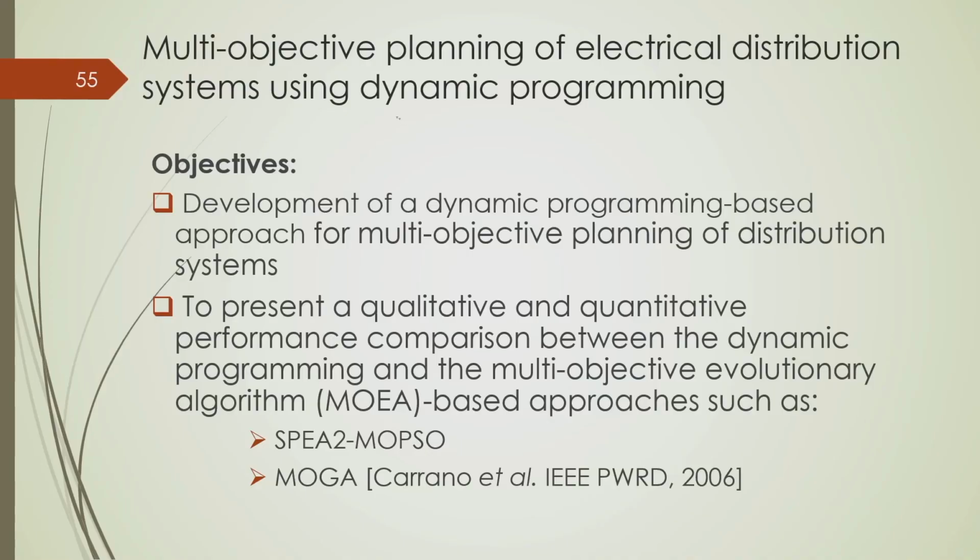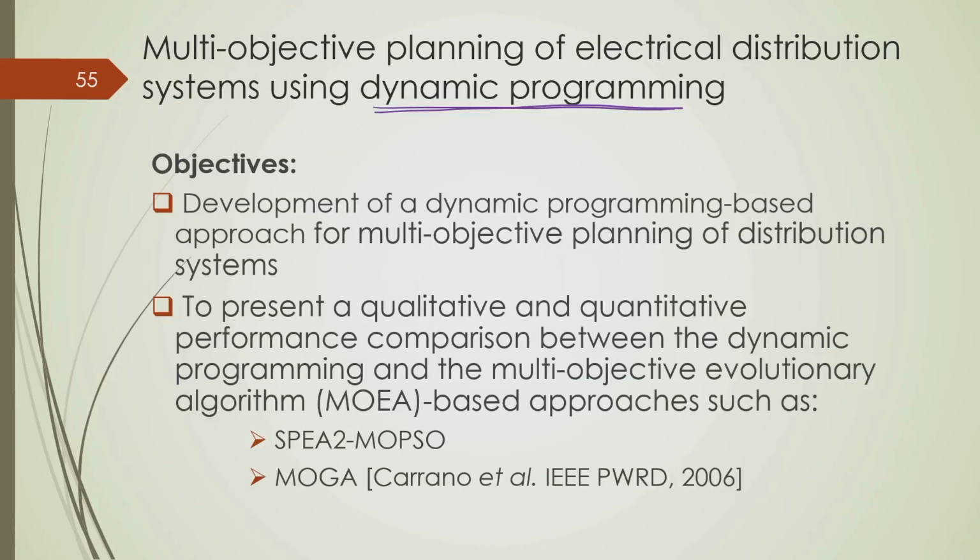Now, I will talk about another approach for solving this multi objective optimization problem, that is called dynamic programming. Okay. So, dynamic programming or DP is a very well known solution strategy. It is a kind of enumerative strategy.